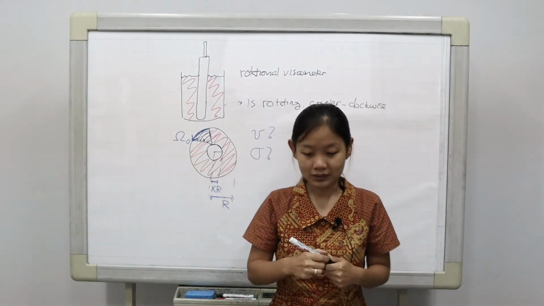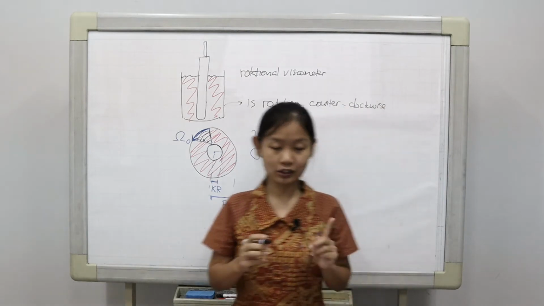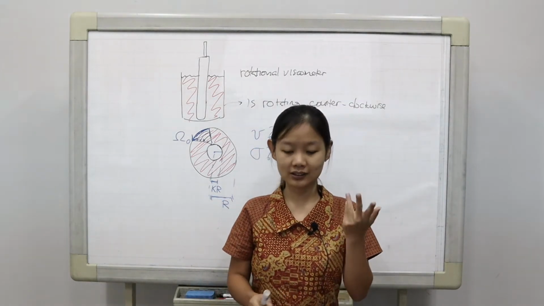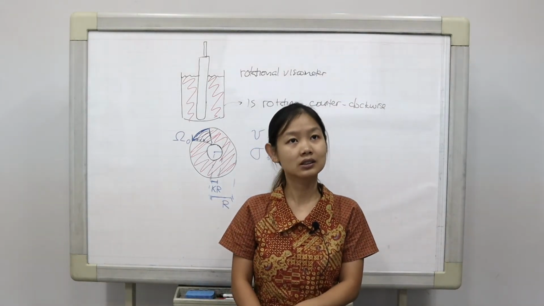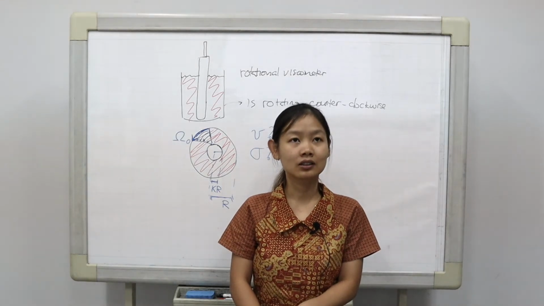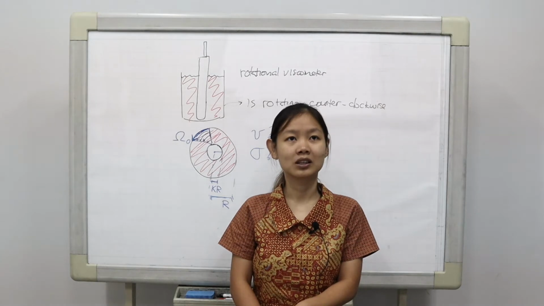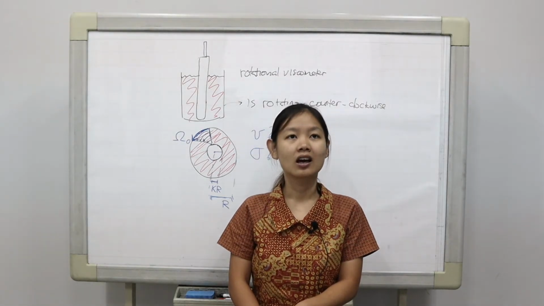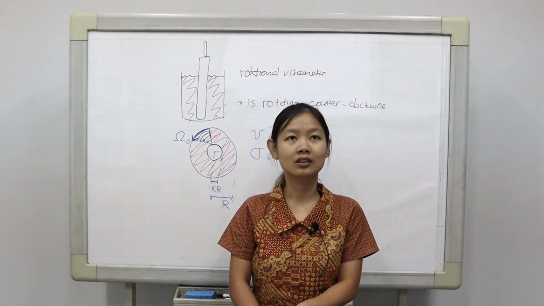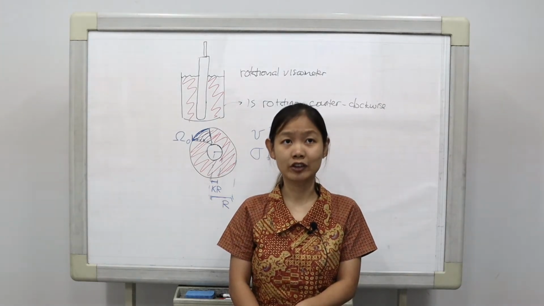Okay, from that table, let's look at the left-hand side. The first term, dou v theta over dou t, is 0 because everything is in steady state. Next term, v r dou v theta over dou r. Once again, we don't have v r here, so that's 0.